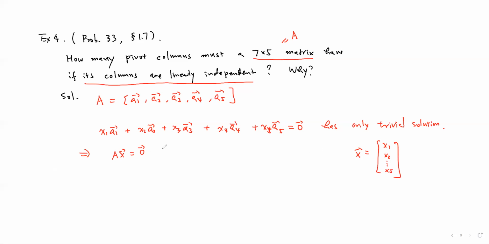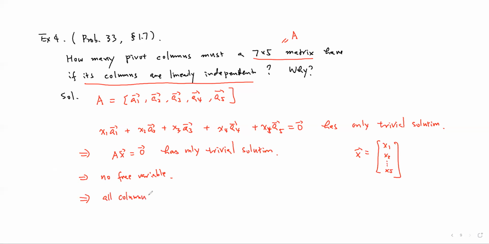That means this linear system has only the trivial solution, so no free variable. If the linear system has one free variable, the linear system has a non-trivial solution.